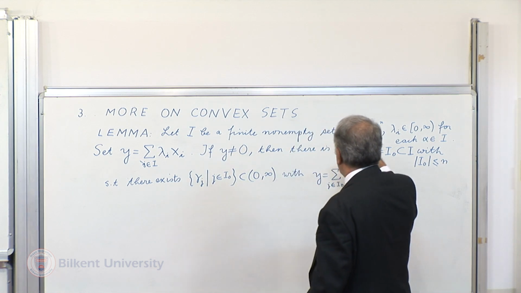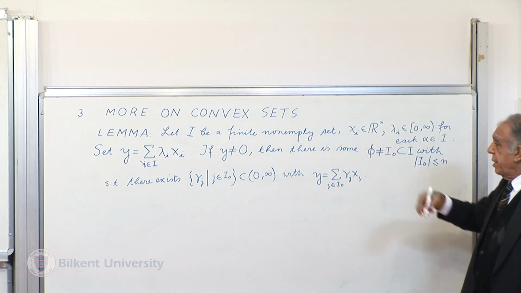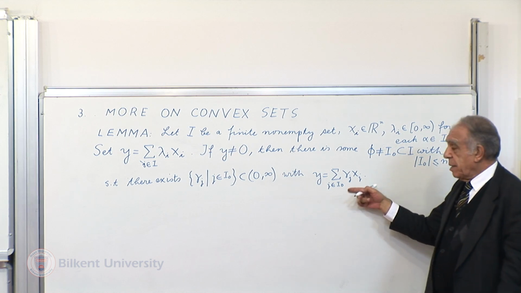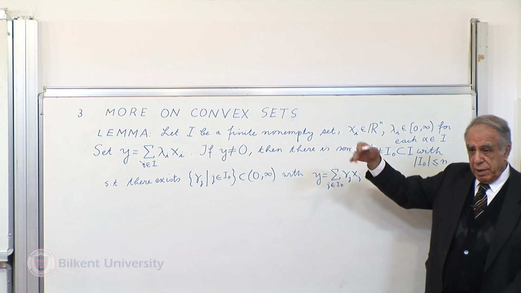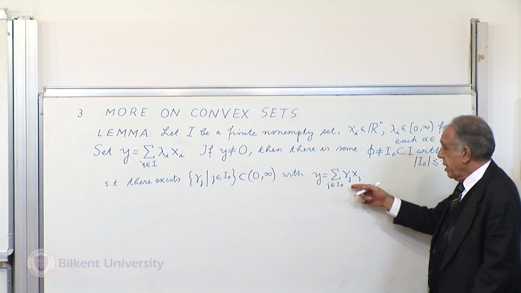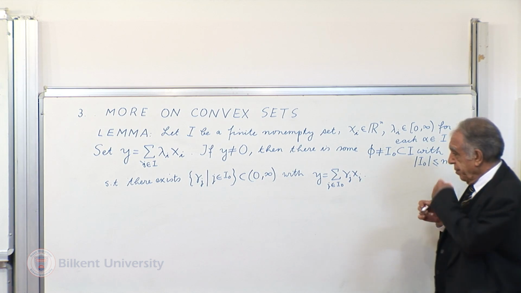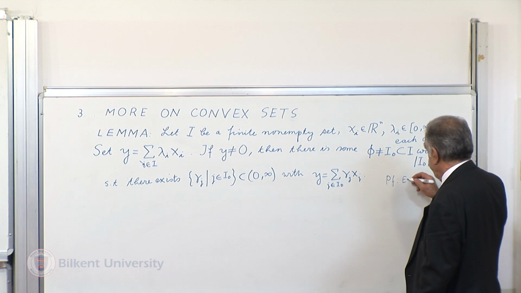So a non-negative combination of some members of Rn can be written as a positive combination of a subset of those members, but using positive coefficients. Okay? So the proof is left to you.